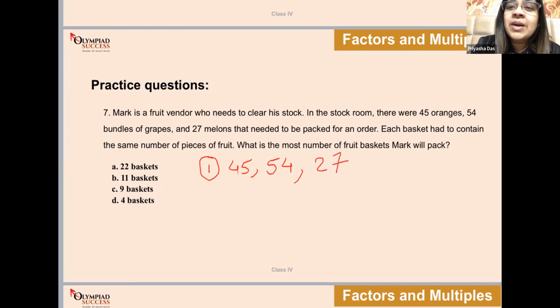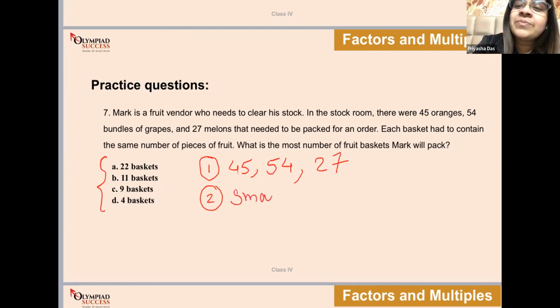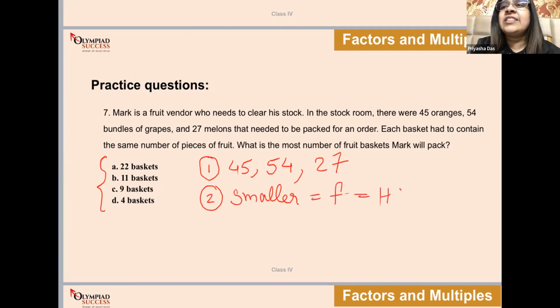The moment Priyasha ma'am collects all the numbers, she has a look at the options. Options are all smaller. Just in the previous question, Priyasha ma'am told you guys that smaller numbers mean factors, and factors mean HCF. Correct. Very good. So what do we do in this case?